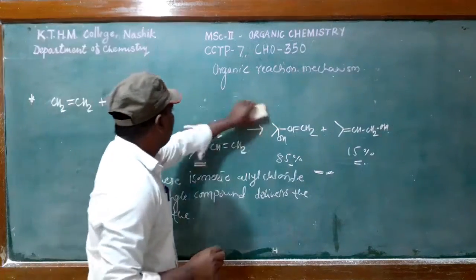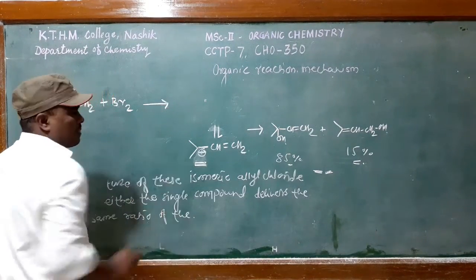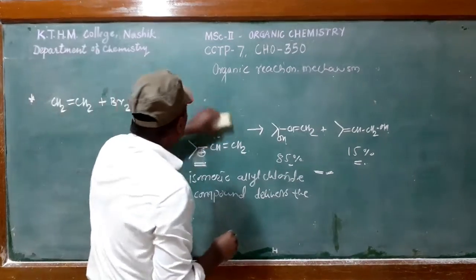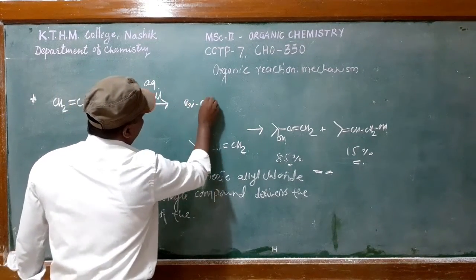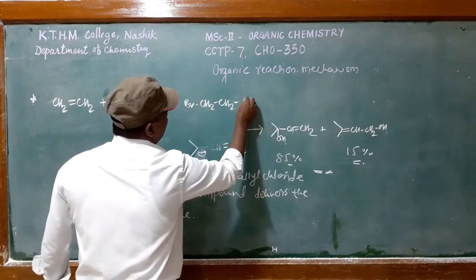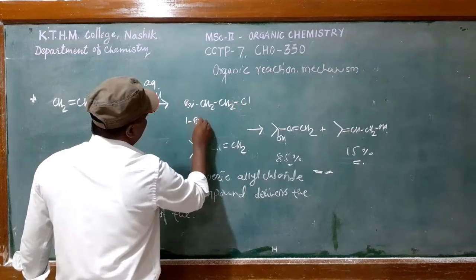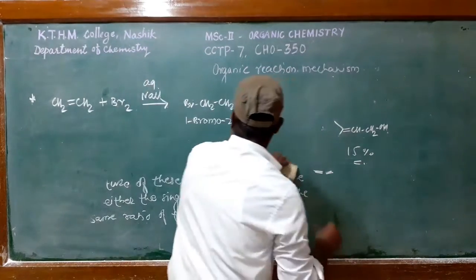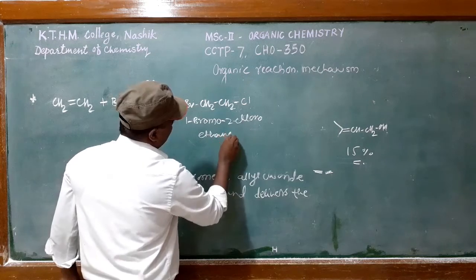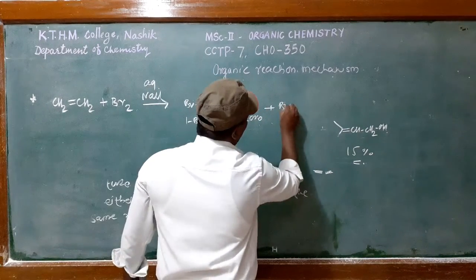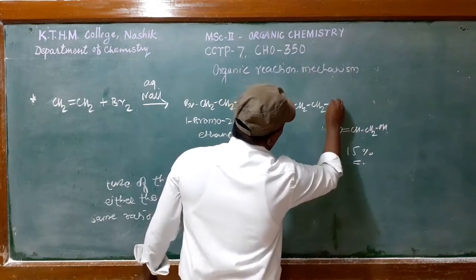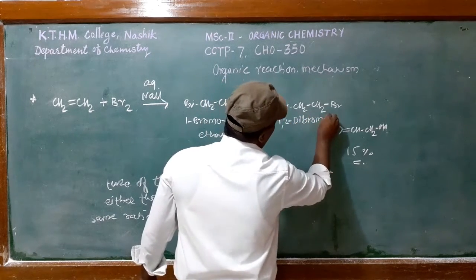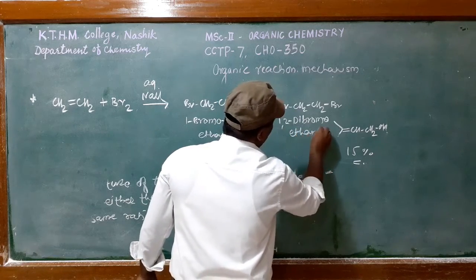Addition of bromine to ethene in the presence of aqueous sodium chloride delivers a product something like this: 1-bromo-2-chloroethane, plus it delivers 1,2-dibromoethane.